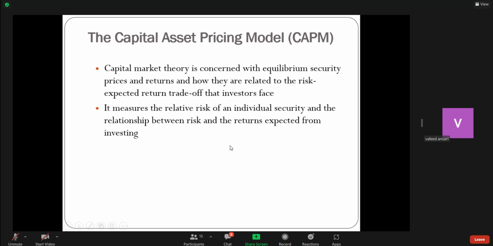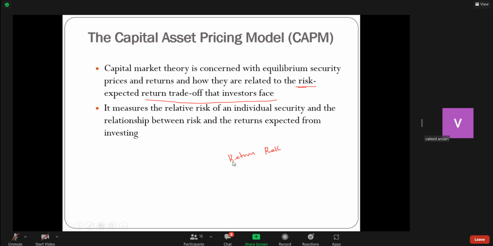Now, the capital asset pricing model is an equilibrium theory, which simply relates the risk and return trade-off. It simply says that there is a trade-off. If you want a high return, you cannot get it with lower risk.